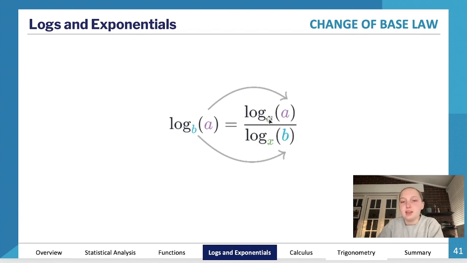Then you make x either e or 10. As long as you make both x's on the top and the bottom exactly the same, it doesn't matter whether you use e or 10. It'll give you the exact same answer. But so you can put it in your calculator, this is how you change the base of your logs.